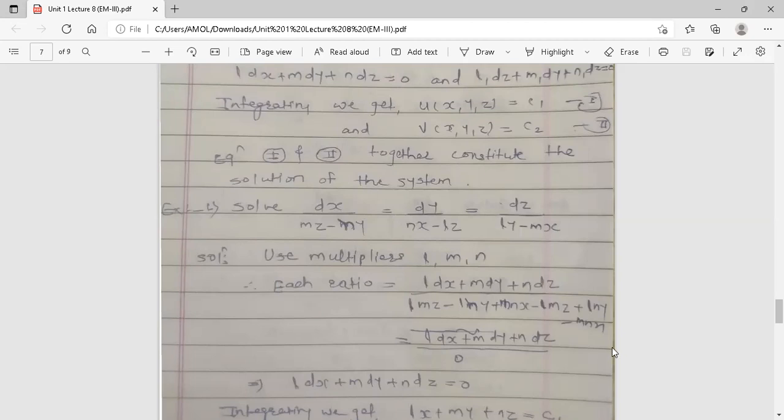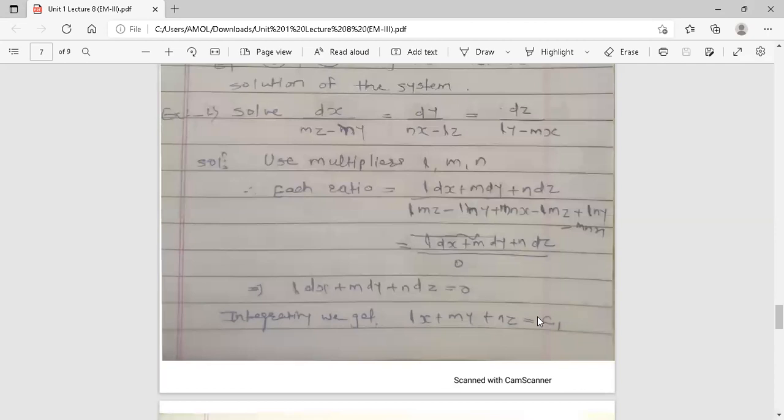Now you do the addition of all the terms. If we do the addition, we get 0. So the denominator is 0, so the numerator is also 0, and l dx plus m dy plus n dz is equal to 0. Now the variables are separated because l, m, n are constants.